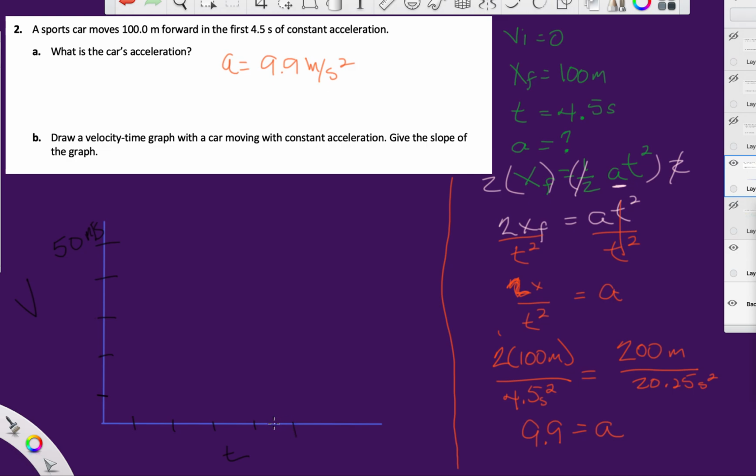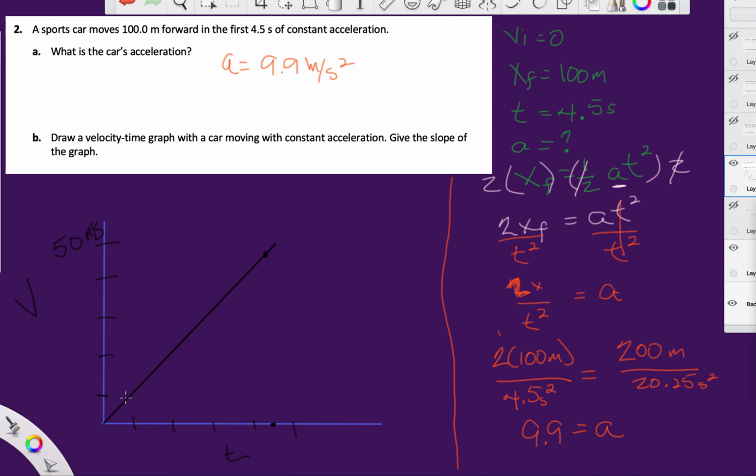And then in the middle here, we've got 4.5. I'm going to rough it in here. It's going to be about 45, 44-ish. So what we want to do is connect the dots from here to here. And this is basically my acceleration. The slope of this line is acceleration.